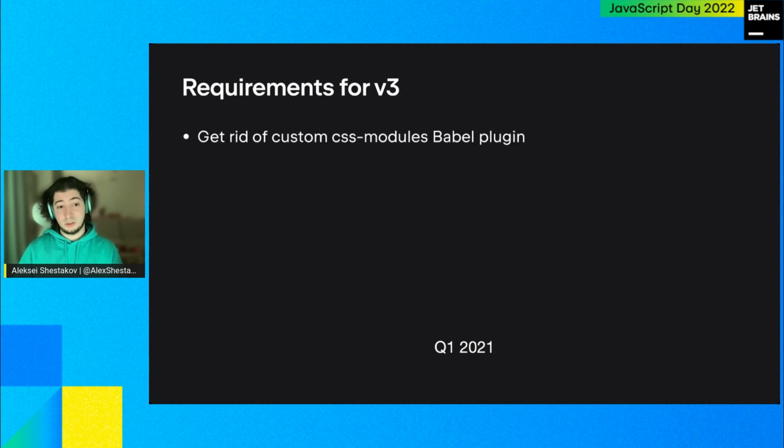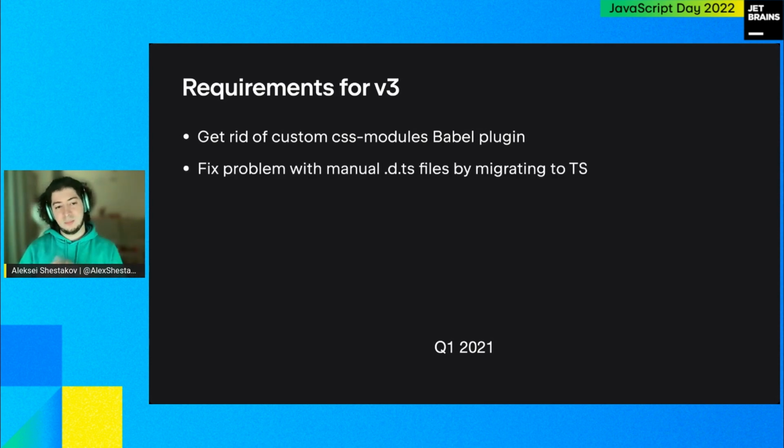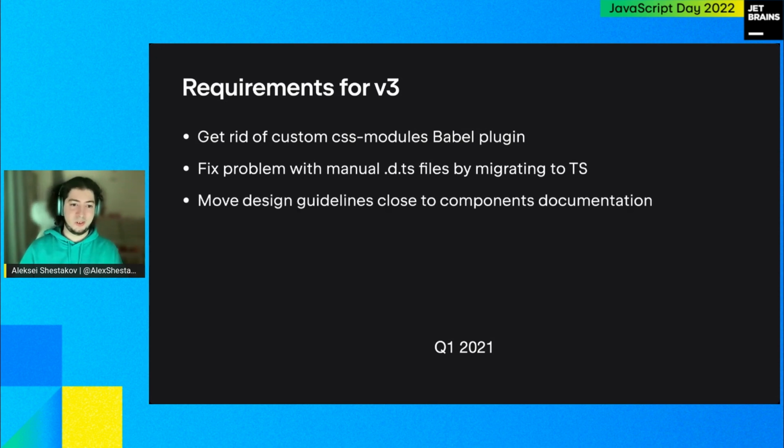We wanted to simplify the build by leveraging a bundler, rewrite components in TypeScript, create new user-friendly design system documentation, and somehow improve the CSS API, because at that time many of the projects were written in React, and we could drop plain HTML pages support.